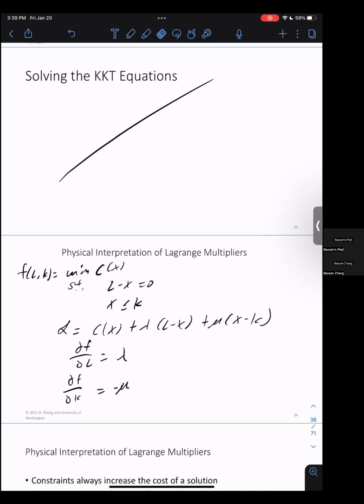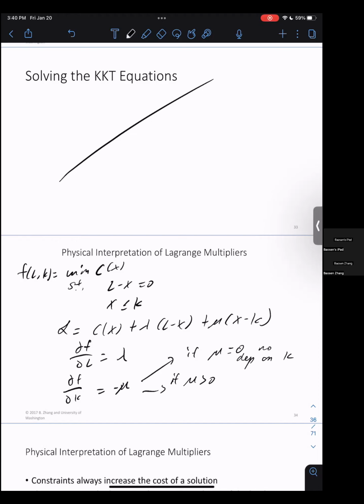So if mu is 0, then at least locally there's no dependence on K. If you change K, it doesn't care. Now, what if mu is positive? What does this say? If you make K larger, what happens to your cost? It goes down, right?